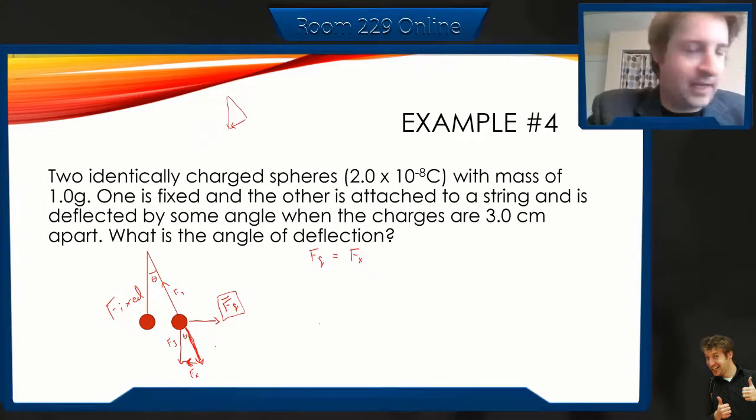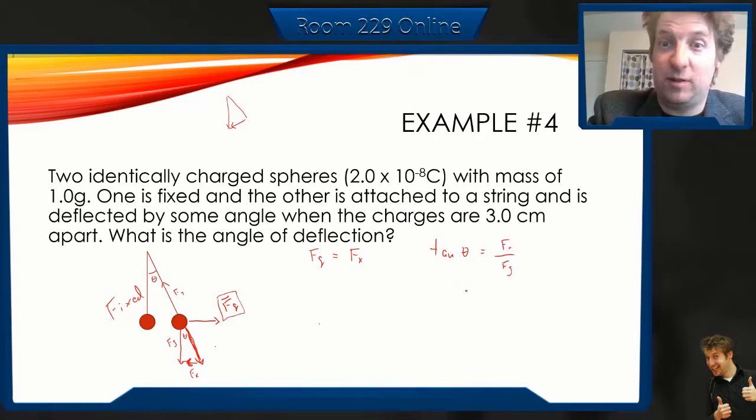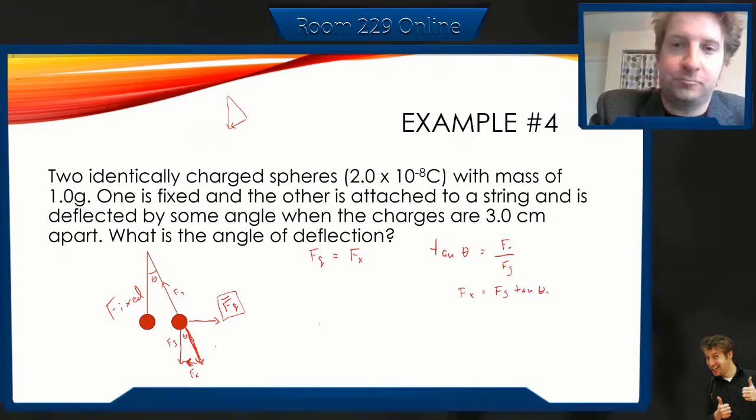Okay. And I know, looking at this, that the tan of the angle is going to be equal to the opposite, so Fx divided by Fg. Right? So then Fx is going to be equal to Fg tan theta.